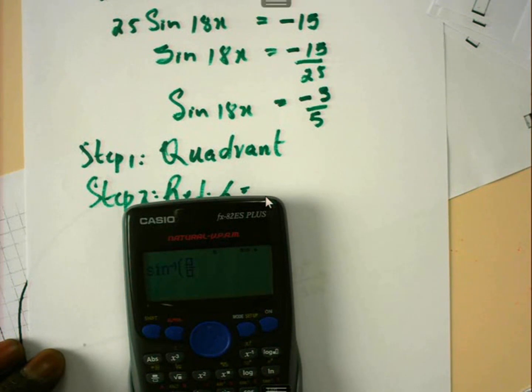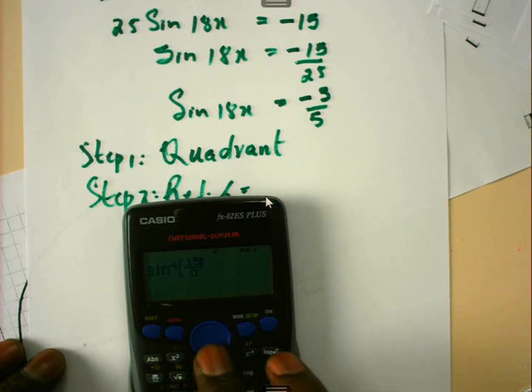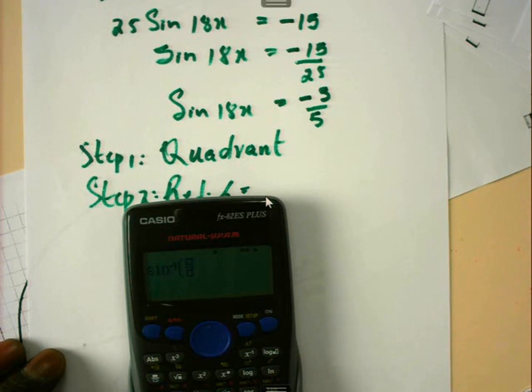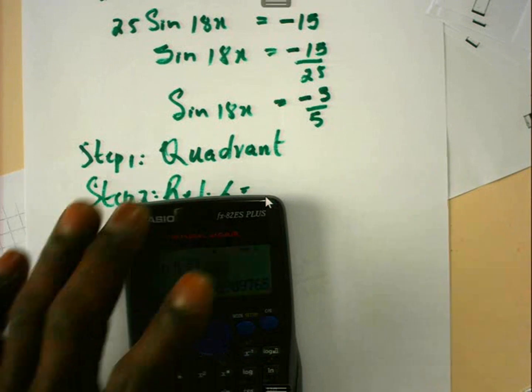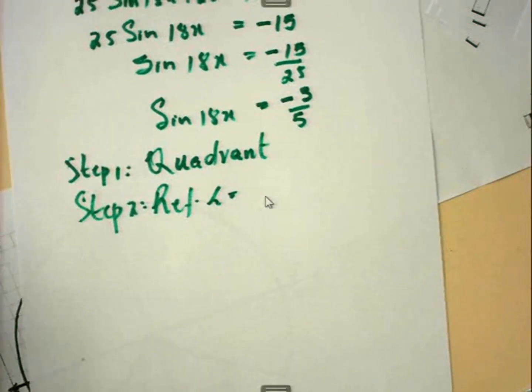Then I'm having 15 divided by, I move the cursor down. Now 15, I've simplified that, so I can just write 3 divided by 5, close the bracket, and I'll have my reference angle.